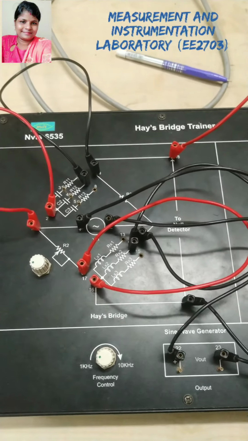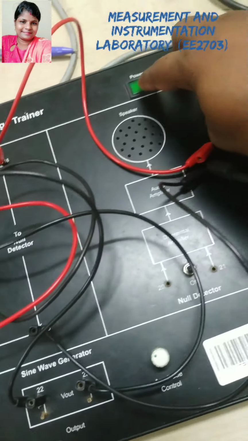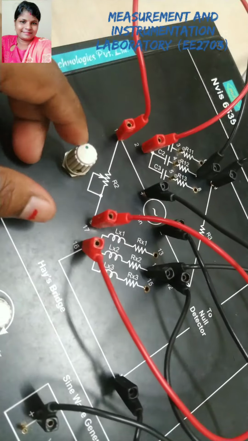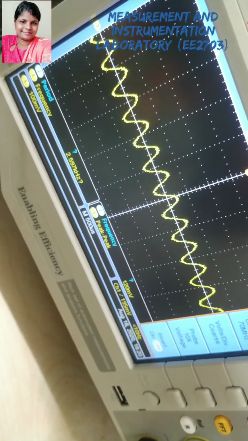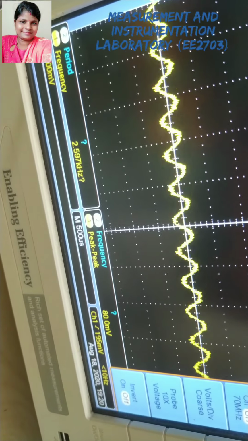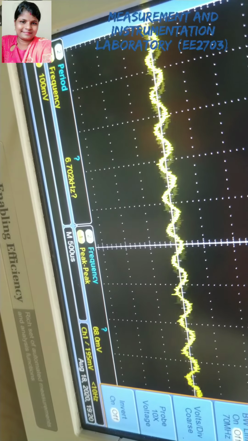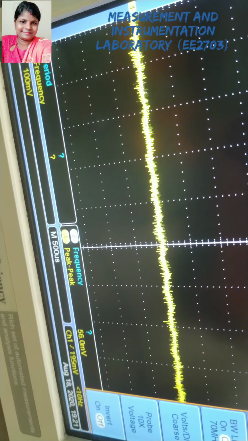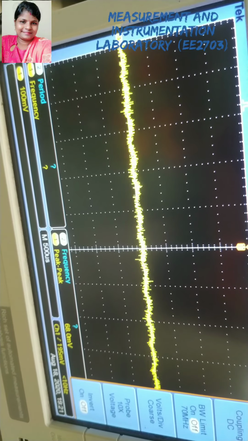Next, this potentiometer should be in minimum position, then switch on the power of the trainer, then rotate the potentiometer in clockwise direction. So what is the peak to peak voltage? In starting 120, then reduce it to 80, 68, 72, here 64 and 56.